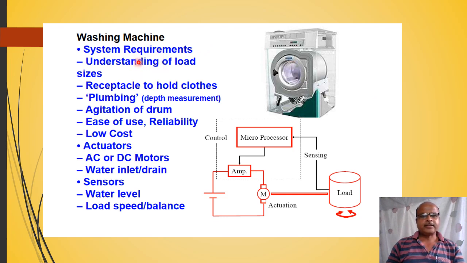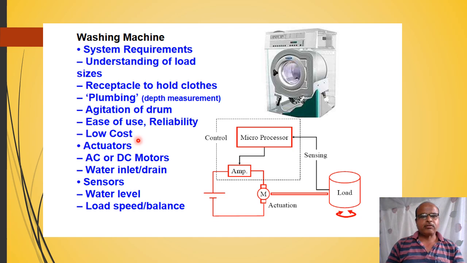So there are system requirements while designing any washing machine. That is, first we have to understand the load size, or how much load is given to that washing machine. Then receptacle to hold clothes. Then plumbing, that is depth measurement. Then it should be easy to use and highly reliable.